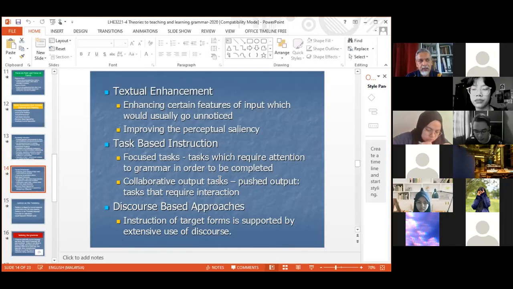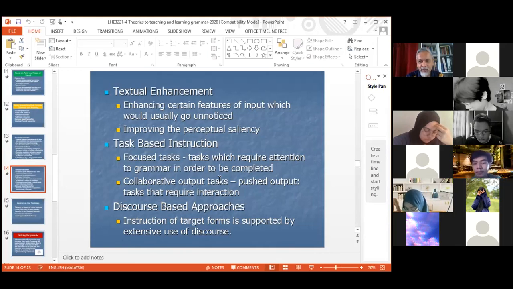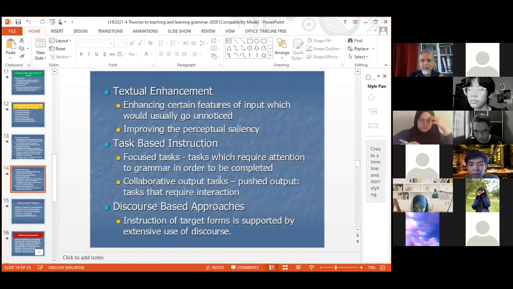So if they feel that pushed output may be applicable, then you have a theory that backs you. But if you feel that if you try to force the students to speak, they're going to react in a very negative manner, then maybe you can hold on to this for some other time. Okay, so there are so many decisions that a teacher will have to make in the language classroom.